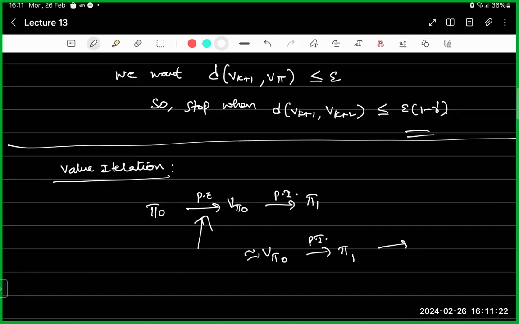When you hear it the first time, it looks like it might not work because you're not running policy evaluation till it's epsilon close or something. You're just running it once. But we can show that this will converge to the optimal policy. We'll just see why it will converge to the optimal policy.